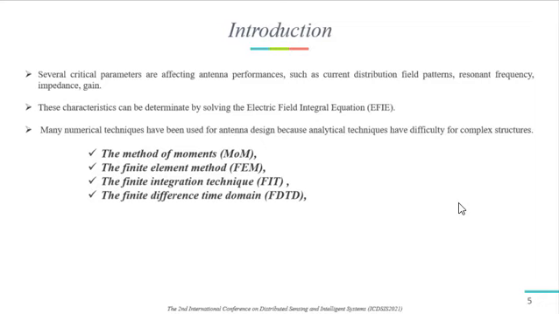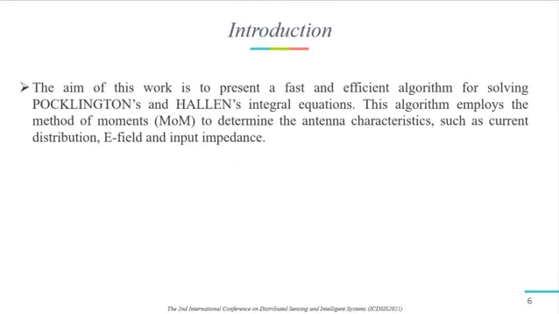The method of moments is a powerful numerical technique to solve electromagnetic integral equations, and it will be applied to Hallen's and Pocklington's integral equations commonly used for dipole antenna design. The aim of this work is to present a fast and efficient algorithm for solving Pocklington's and Hallen's integral equations.